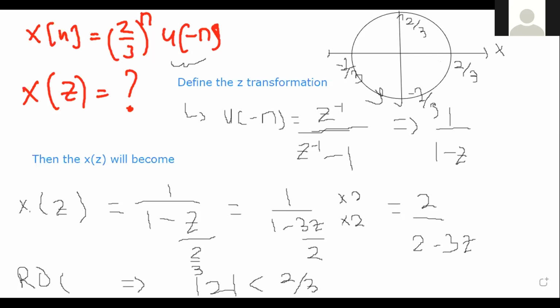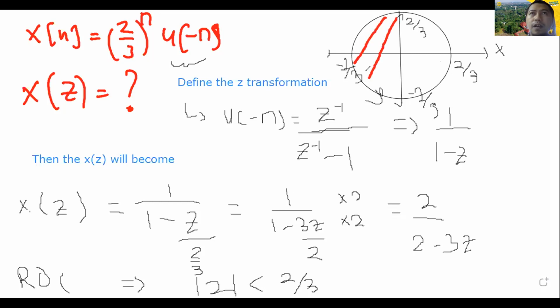Like this, sir. Okay, so which area that value of z converge? Inside the circle, sir. Okay, good. So please explain a bit to us how you derive using this way, and this way.